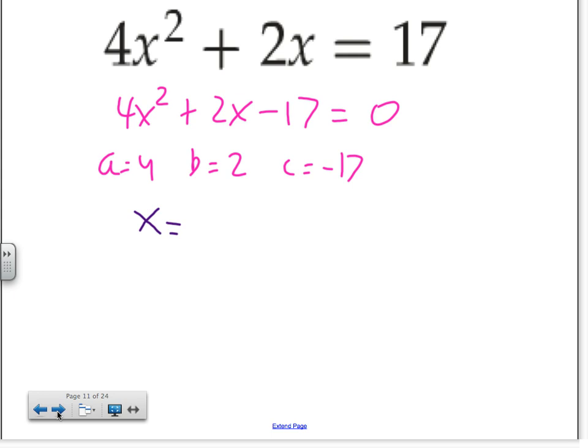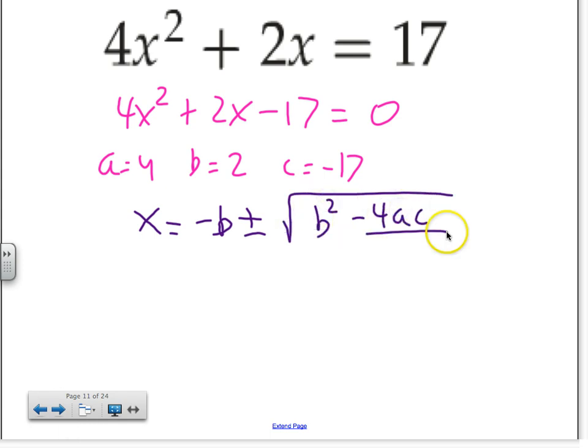What is that going to be right after the equal sign? Negative B. And then after the negative B is? Plus minus. Plus and minus. And then what happens after the plus and minus? B squared minus 4AC, divided by 2A. That's it. Did you write that down?